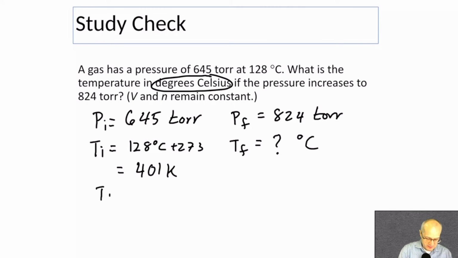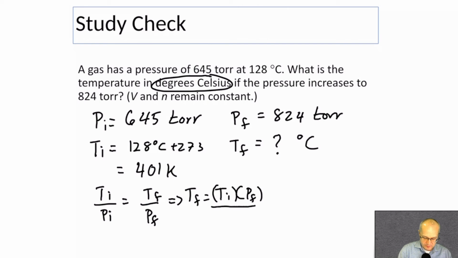So Ti over Pi equals Tf over Pf. Tf equals Ti times Pf all over Pi. Ti is 401 Kelvin. Pf is 824 torr.